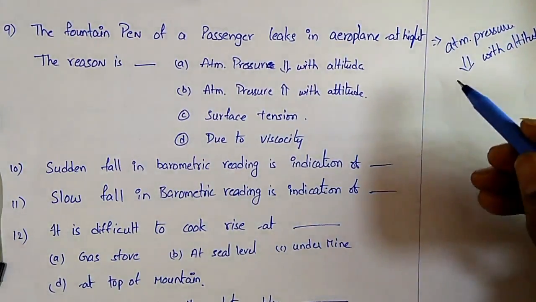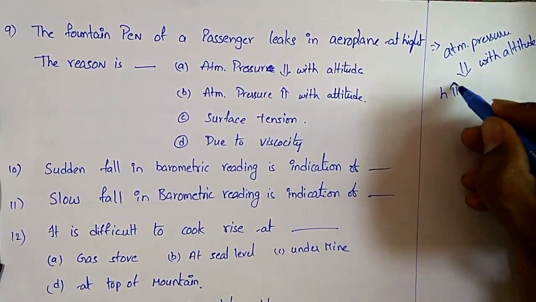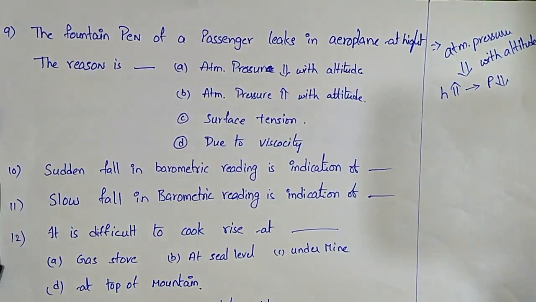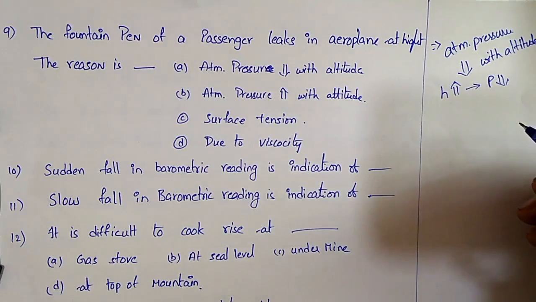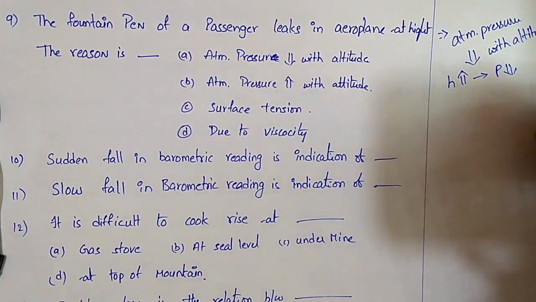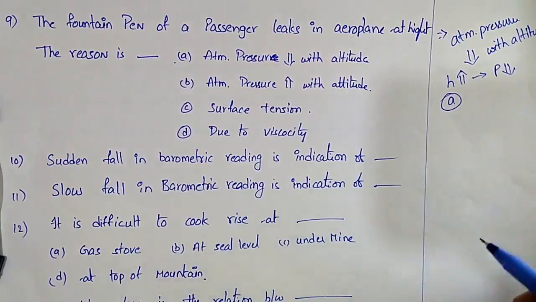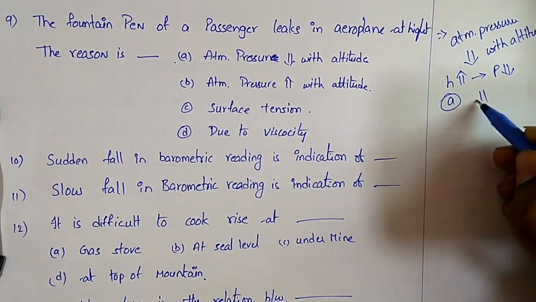That means as the height from the earth surface increases, the pressure will decrease. That's why due to the decrease of pressure, the ink of the fountain pen leaks. Here the answer is A, due to the atmospheric pressure decreasing with altitude.